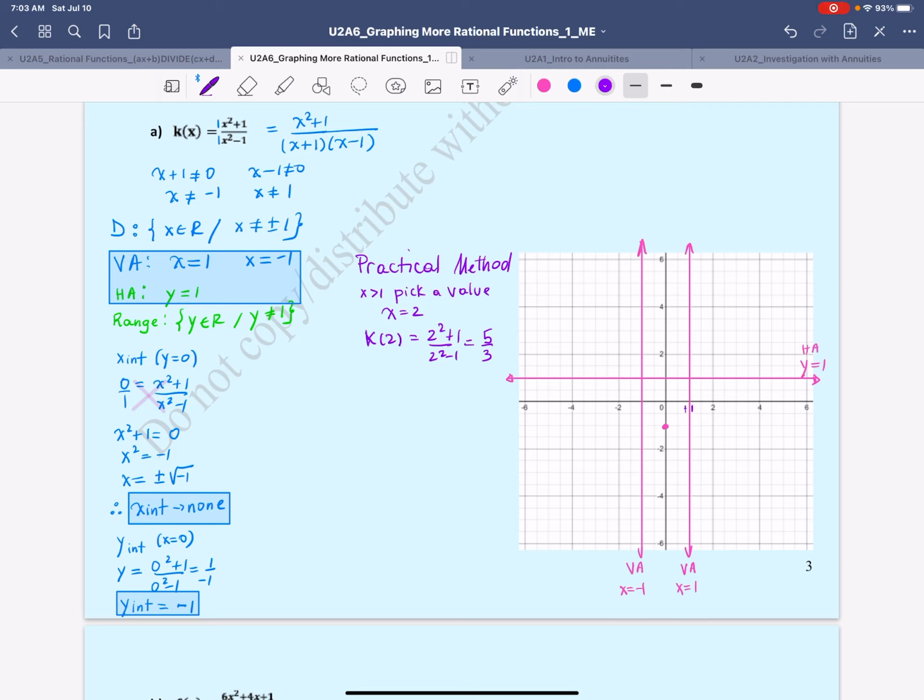That tells us that the function at x equals 2 will have a value of 5 over 3, which is 1 and 2/3. So 1 and 2/3 will be somewhere here. The fact that the graph will have a point here tells us that the graph must be located in this section that is formed by this vertical asymptote and the horizontal asymptote. So I can draw the graph here with confidence.